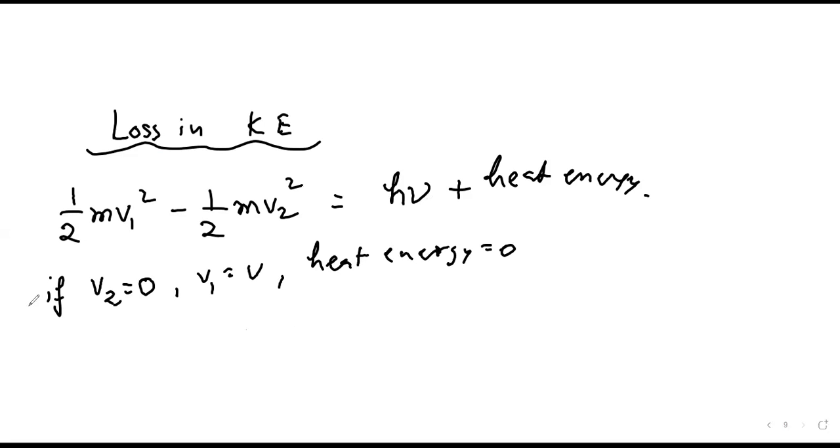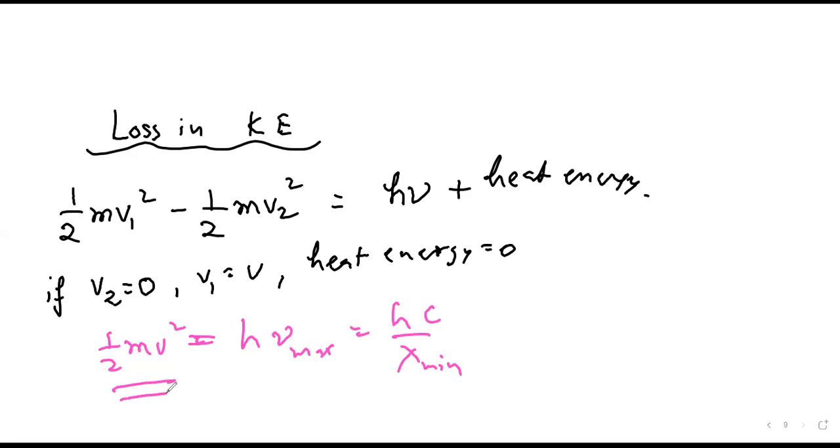In this case, the equation becomes half m v square equal to h nu max, that is, h c by lambda minimum. And this half m v square is coming due to eV, where V is the potential applied across the two plates.